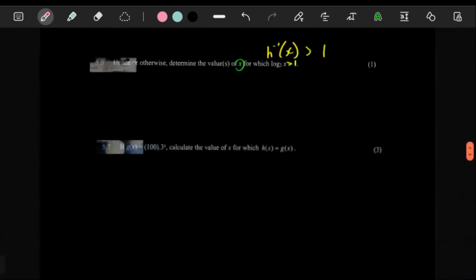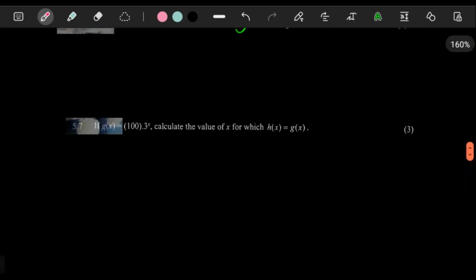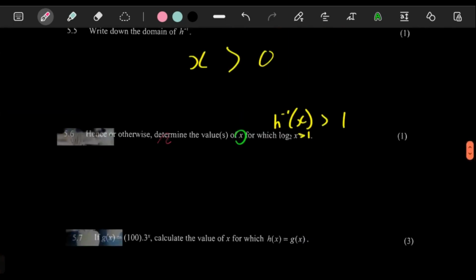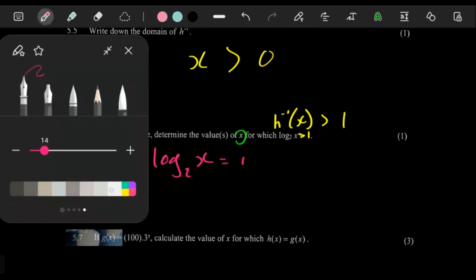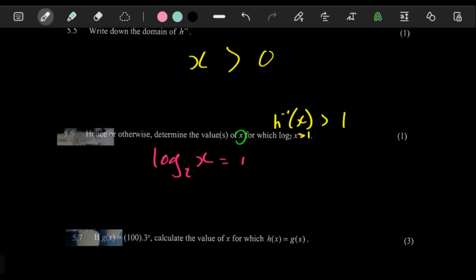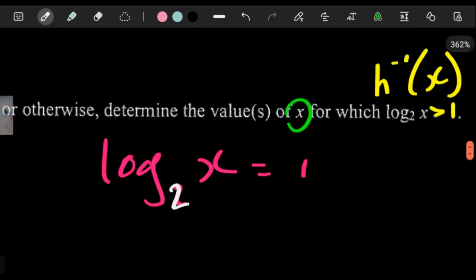So we said, first, let's just work out where this graph is equal to 1 in the first place. So log base 2 of x, where is it equal to 1? Now, solving for x, remember, whatever this base is, you can always think of it as a base also when you reshuffle what you need to reshuffle.